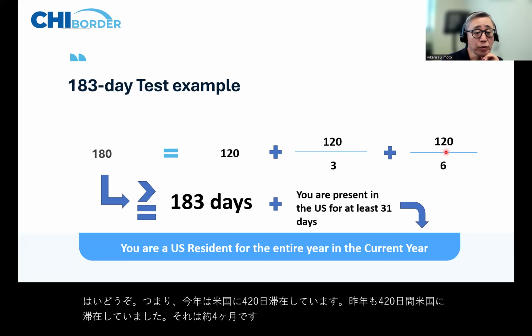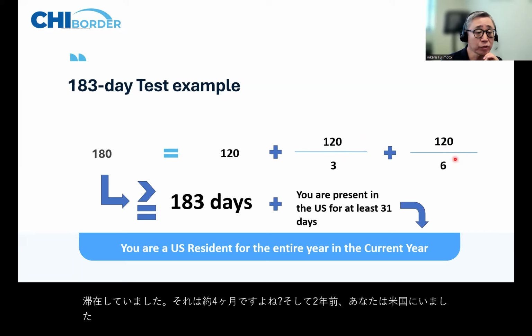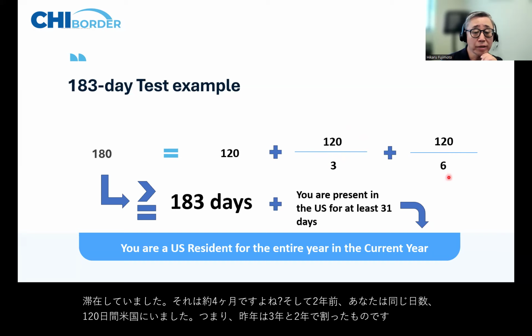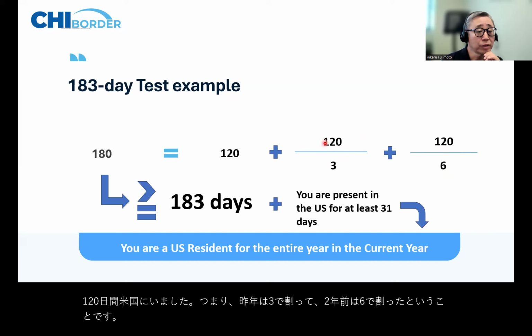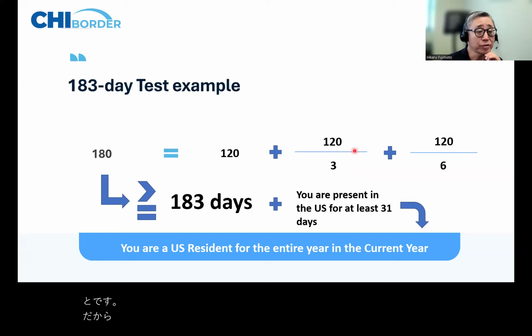And two years ago, you were in the United States for the same number of days, 120. So the last year, you divide by 3, and two years ago, you divide by 6. So 120 divided by 3 is 40, I think. And 120 divided by 6 is 20.